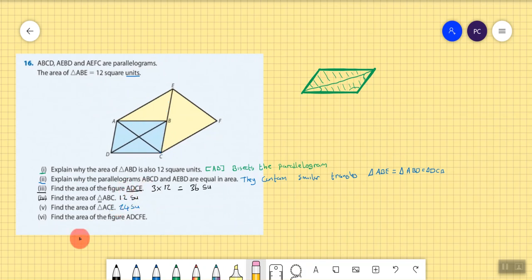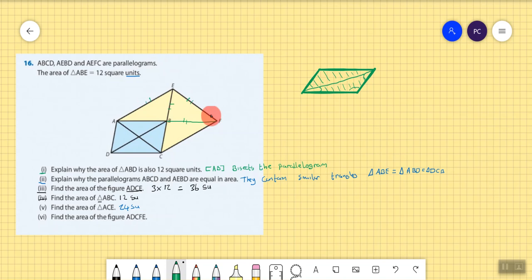And the last part then is find the area of the figure ADCFE. So we want to find the area of this overall triangle. What we can do is take this guy here and bisect it like so. This length is going to be equal to this length, and this length will be equal to this.